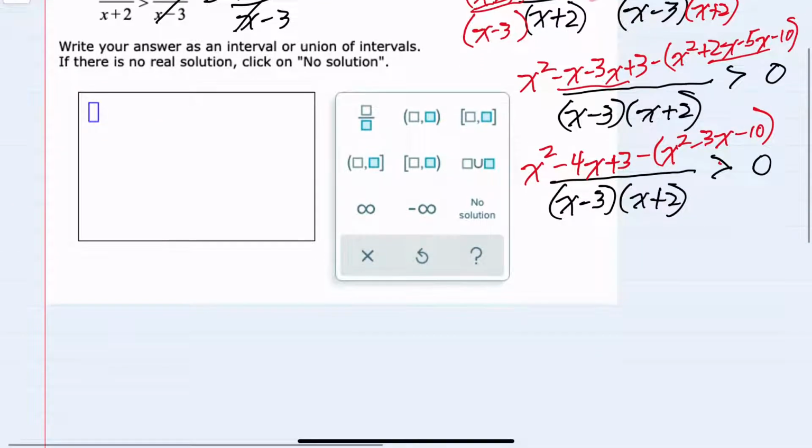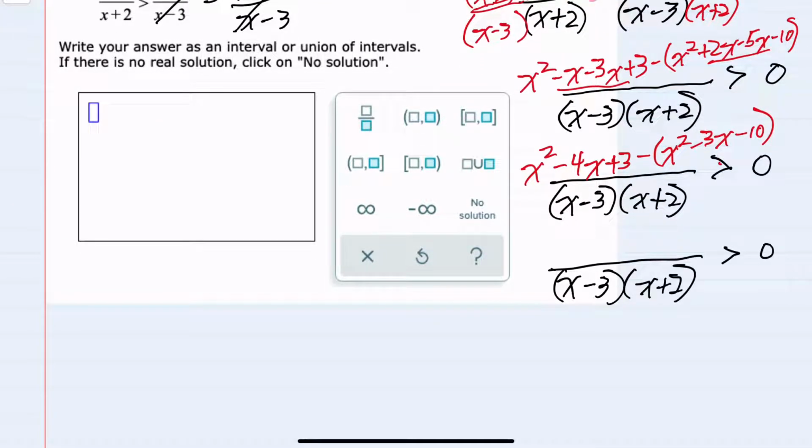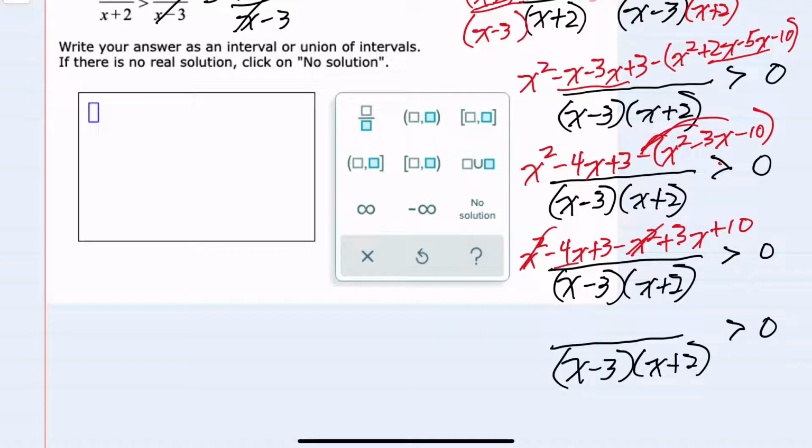And then from here, continuing to simplify the numerator, I can distribute that negative to be a negative x squared, positive 3x, and then a plus 10. This allows me to combine like terms. The x squareds will cancel, and the minus 4x and plus 3x would give me a minus 1x. The plus 3 and the plus 10 would combine to be plus 13.